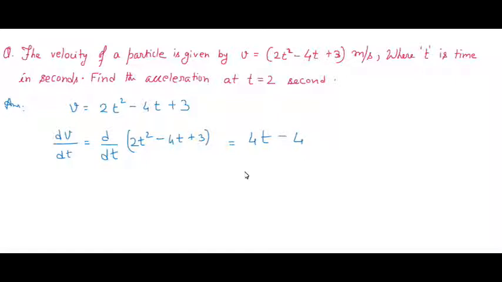So we got acceleration in terms of t, but we have to find the acceleration when t is equal to 2. So acceleration when t is equal to 2 will be equal to 4 into 2, t's value is 2, minus 4, that is 8 minus 4, and the answer is 4 meter per second square. This is the answer.